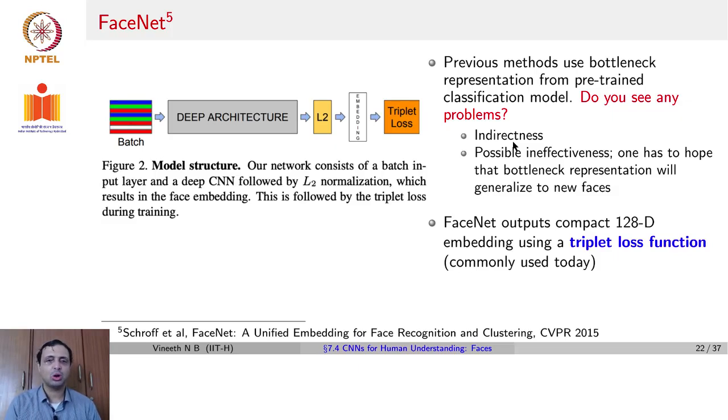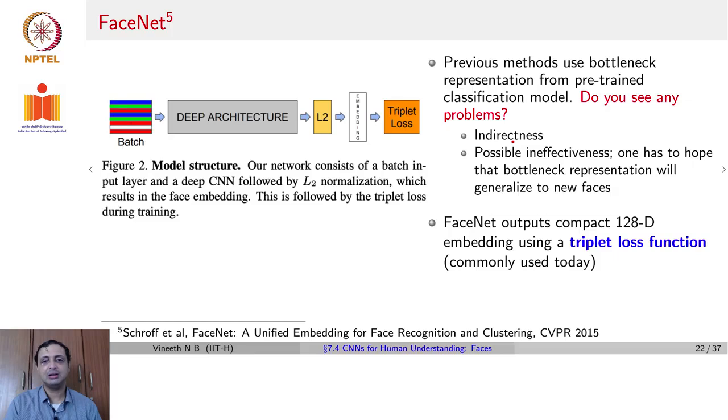And because it was not explicitly trained for a later task that those embeddings are used for, it may be ineffective. So FaceNet rather tries to ensure that its goal is to output a good representation. There are no further goals of classification, which are considered separately based on the learned representation.